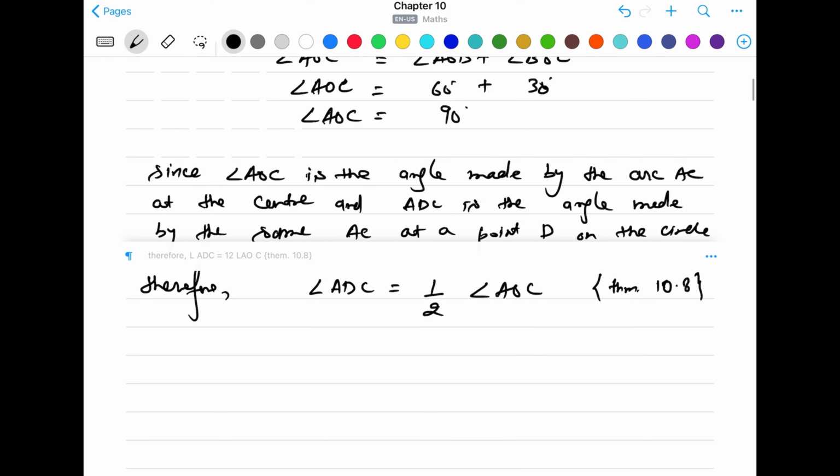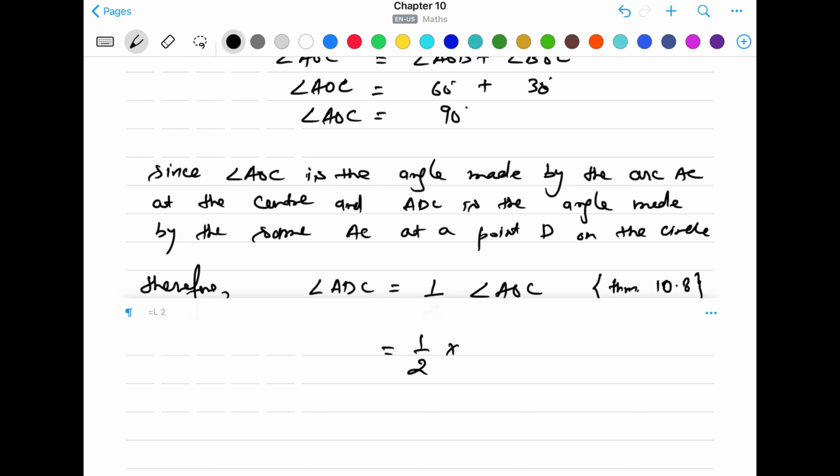So using theorem 10.8, angle ADC will be equal to half of angle AOC. AOC is 90 degrees, so the answer is 45 degrees. Okay, so that's the answer of question number 1.